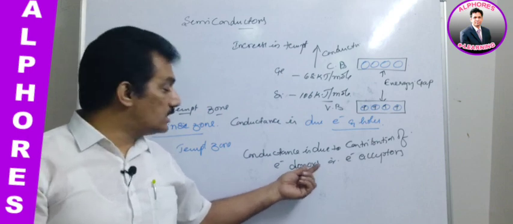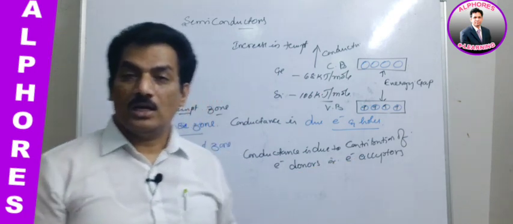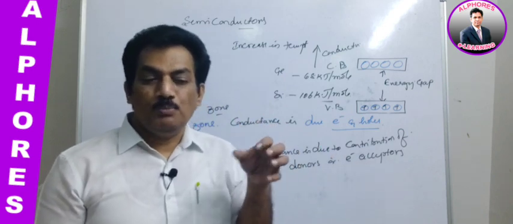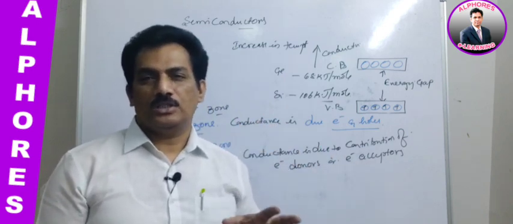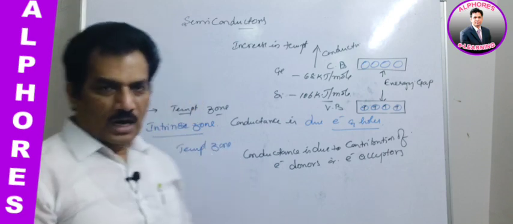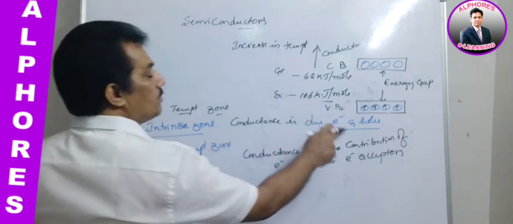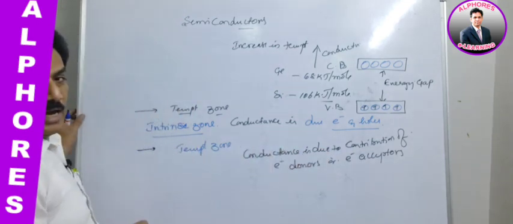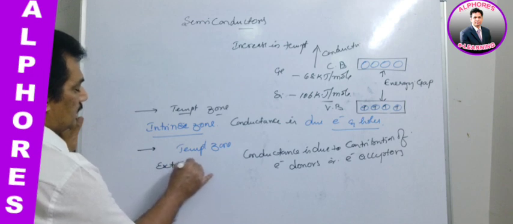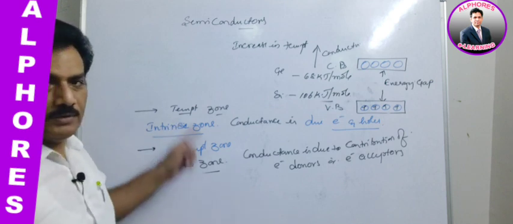In the previous session we discussed that pentavalent elements are electron donors and trivalent elements are electron acceptors. This situation happens when some impurity is added to the material, that is, when doping is done. Clear? The temperature zone where the conductance of the semiconductor depends on the donors and the acceptors is known as the extrinsic zone. I think now you can understand the difference.